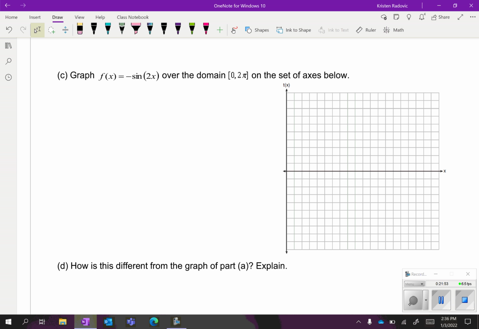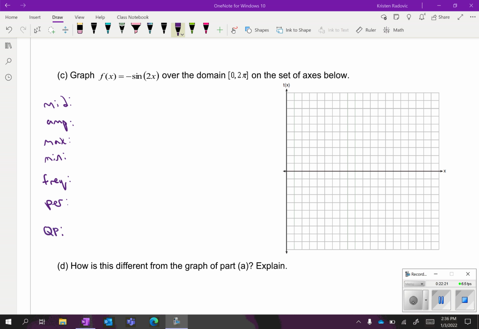That means we need to find our basic information: our midline, our amplitude, your maximum, your minimum, your frequency, which is going to give us our period to find our quarter points. Remember, you do have to remember all these values and you need to show them as part of your work.